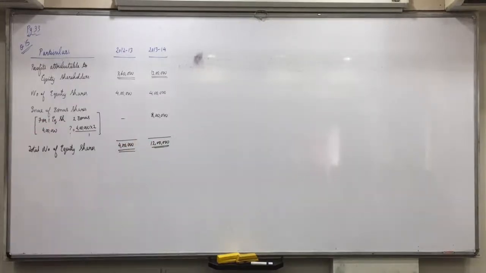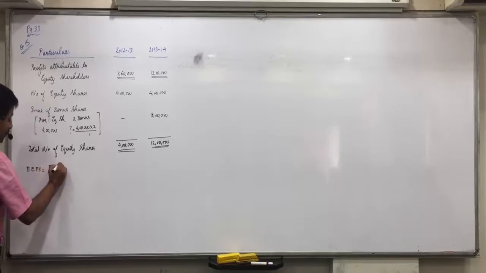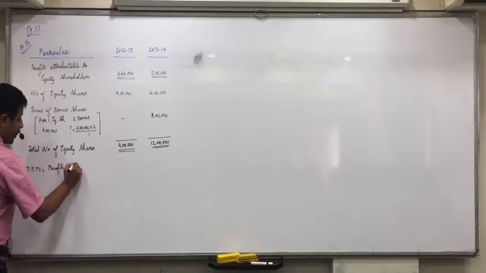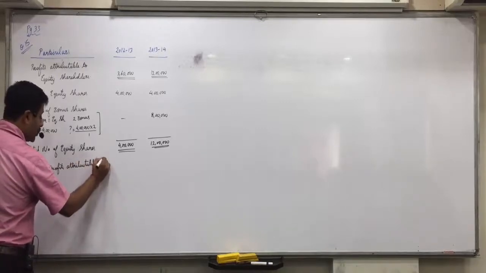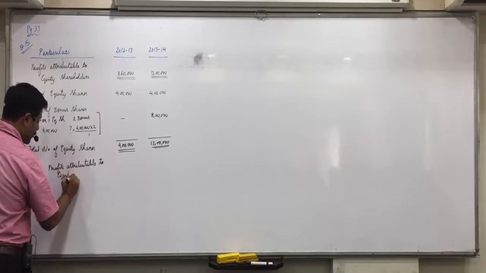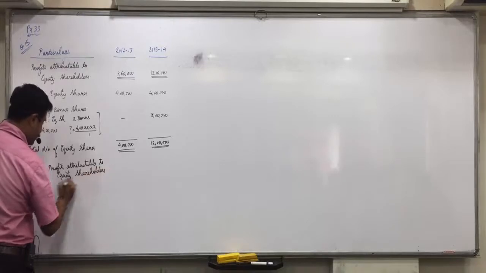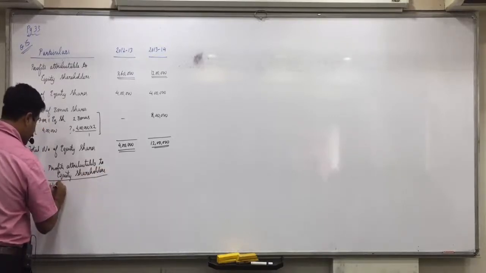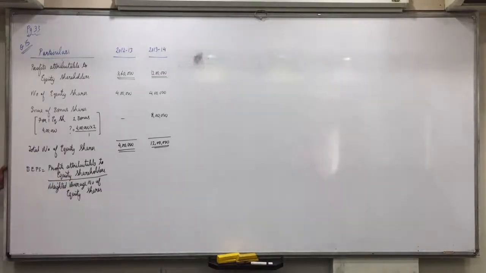Okay. Now, basic EPS is equal to profits attributable to equity shareholders divided by weighted average number of equity shares.